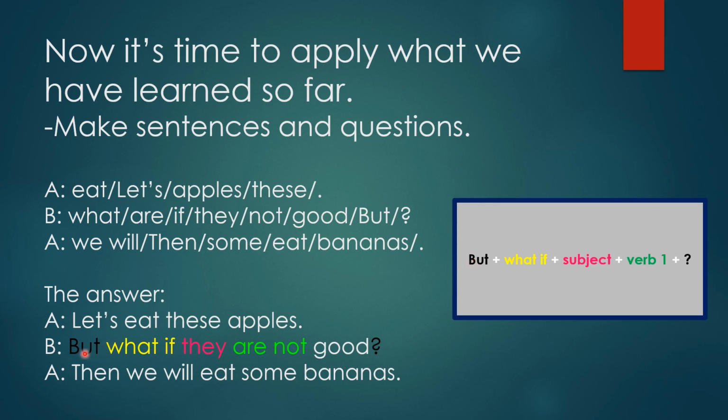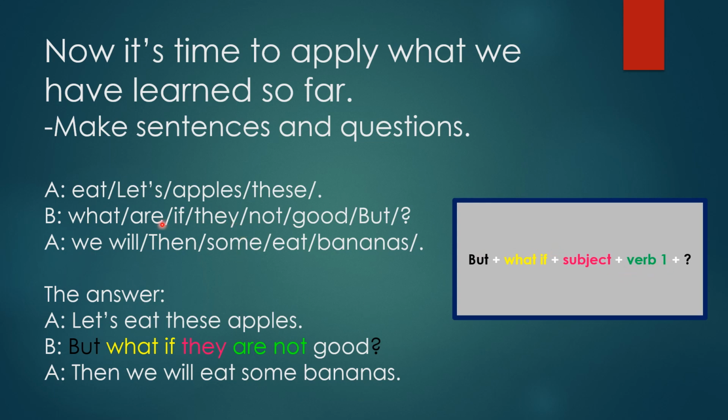As always, we start with but. After but comes what if: but what if. I need a subject, so I have to search here for a subject. They is a subject, which are actually the apples. So I have to put a verb on.